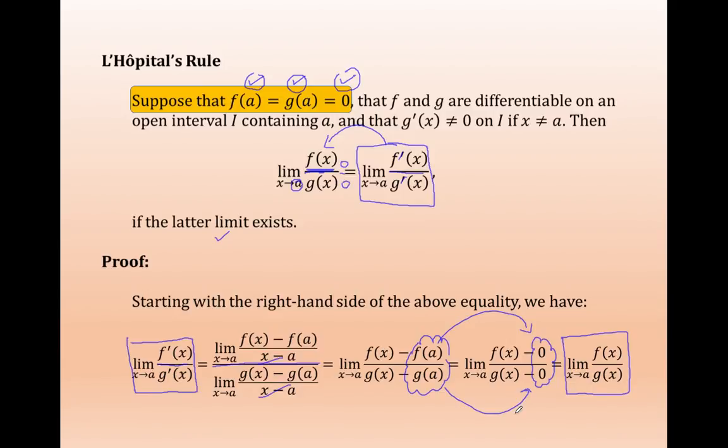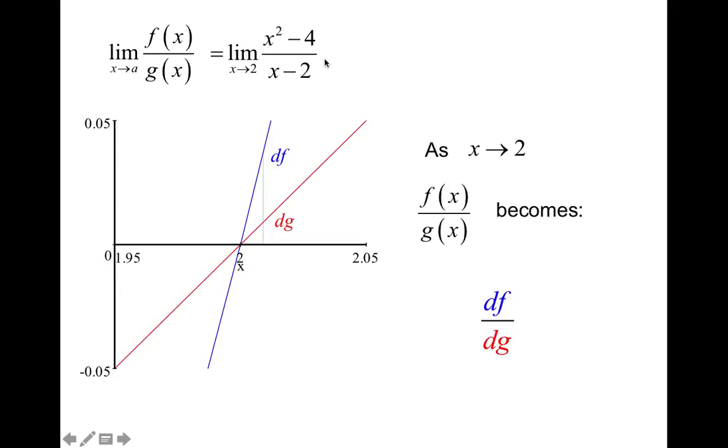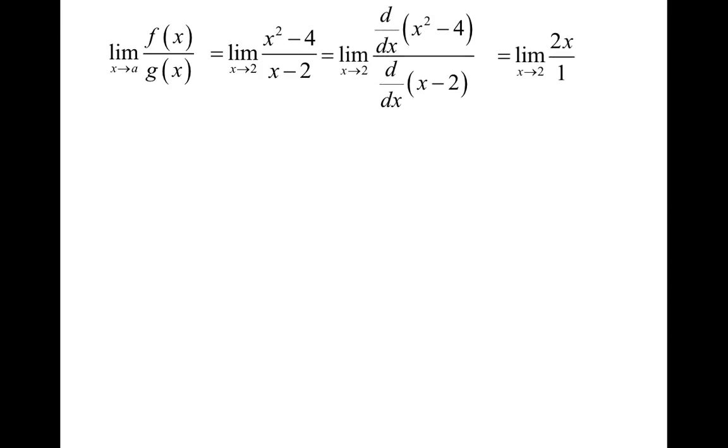Now, if both of those previous explanations, that graphical explanation and this kind of algebra proof, stress you out, forget both of them. Just memorize that when you're evaluating a limit and you get 0 over 0, you are allowed to replace the numerator with its derivative and the denominator with its derivative and re-plug in.